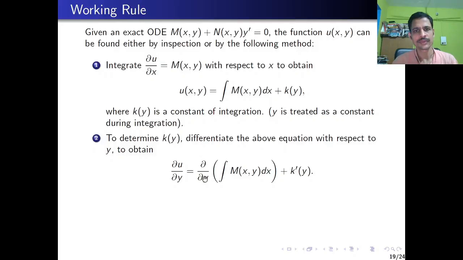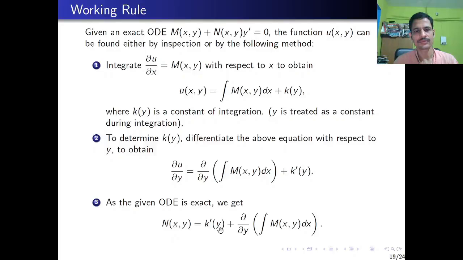So this will be ∂u/∂y is equal to ∂/∂y of the integral of M(x,y) dx plus k'(y), that is the derivative of k(y) with respect to y. Also, we know that ∂u/∂y is N(x,y). So we replace this by N(x,y).